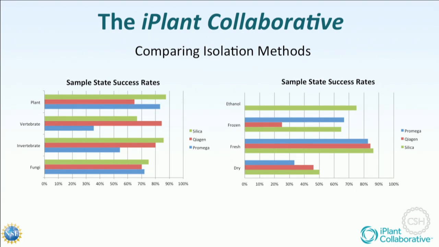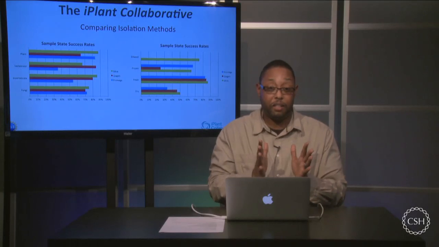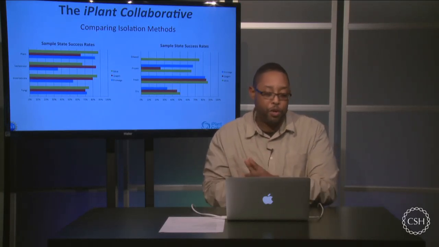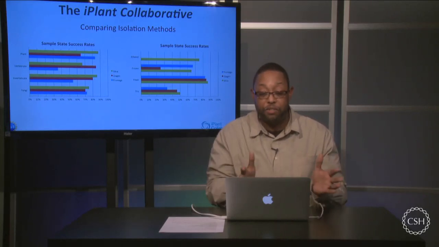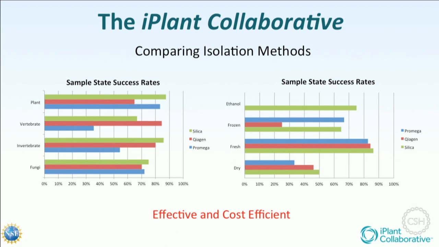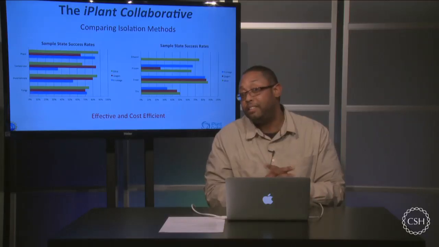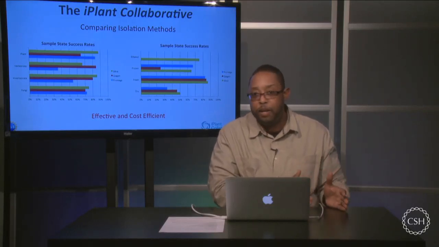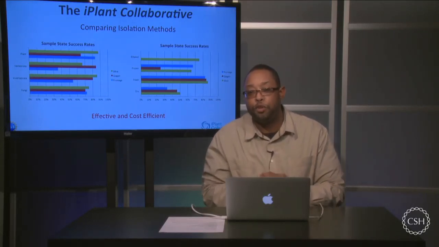Now, not only did we see that the silica method was exceeding or doing pretty well with both preserved and a numerous range of samples, we looked at cost. And the cost was very efficient, in the sense that a silica reaction was less than 30 cents per sample, whereas Promega was about $1.80, and QIAGEN a little over $3.